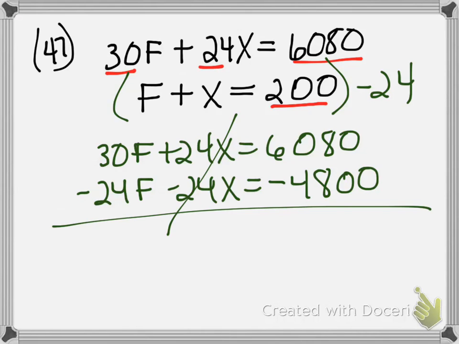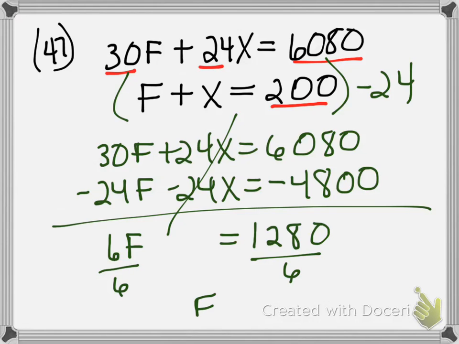All right, the 24X's are going to cancel. 30 minus 24 is 6F equals 1,280. When you divide by 6, here's where the problem becomes. You get 213.3, so we would round it to just be 213.